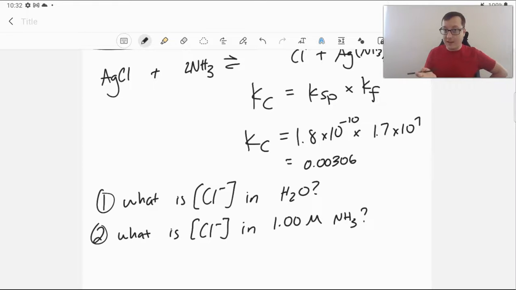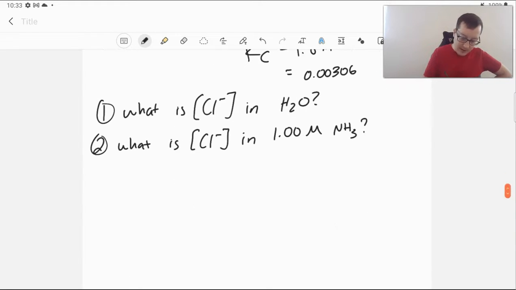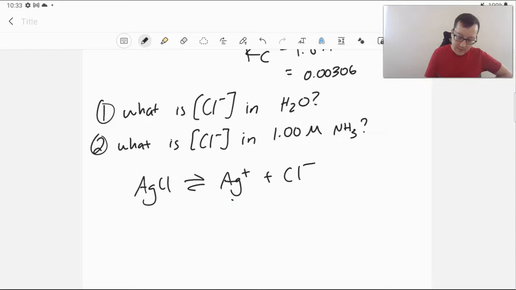The first one, we're just doing a Ksp calculation because it's in pure water. So our silver chloride breaks into silver and chloride. We have 0 of those to start, so we're going to add x to both sides.